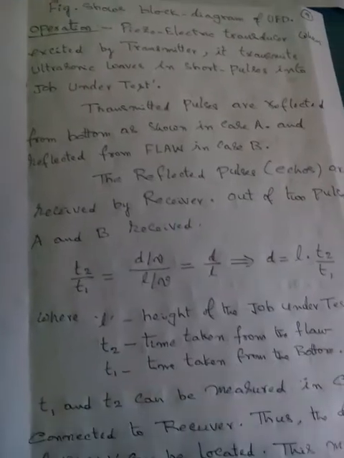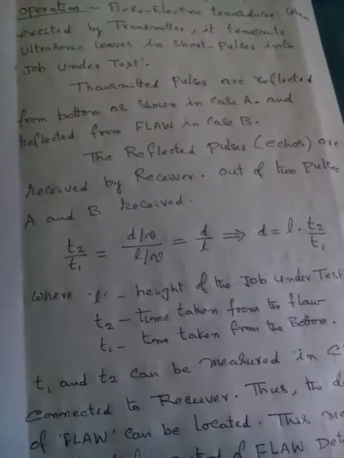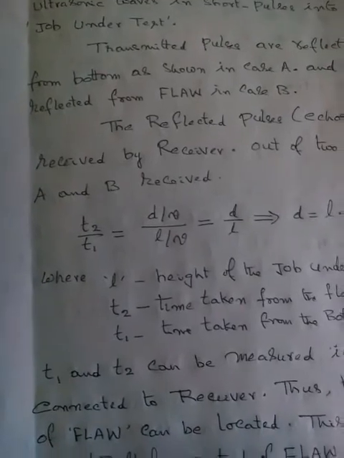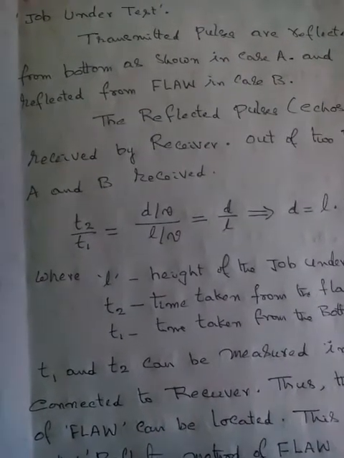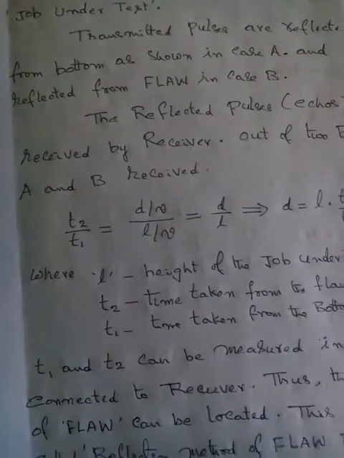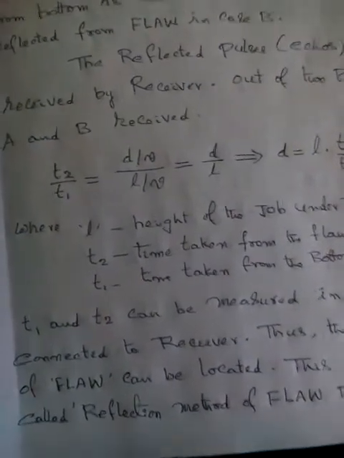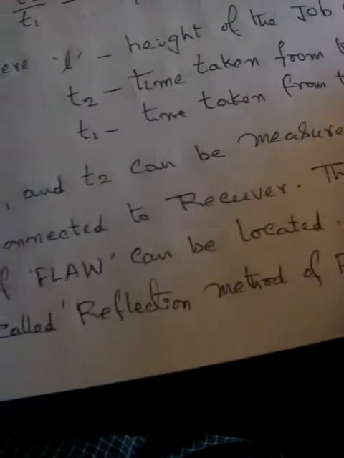T2 and T1 are measured, of course, from CRO. You can find out from CRO. CRO is connected to the receiver. Okay, thus the depth of flaw can be located.